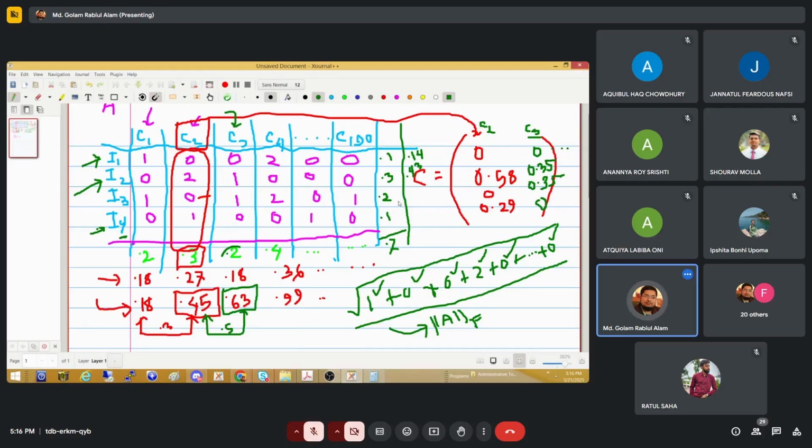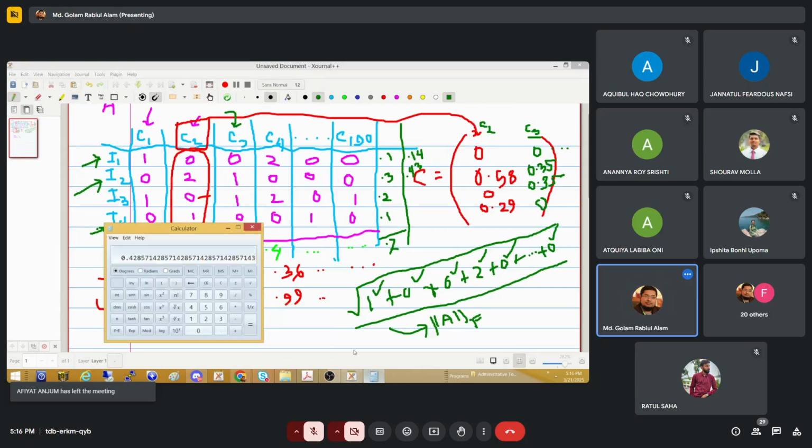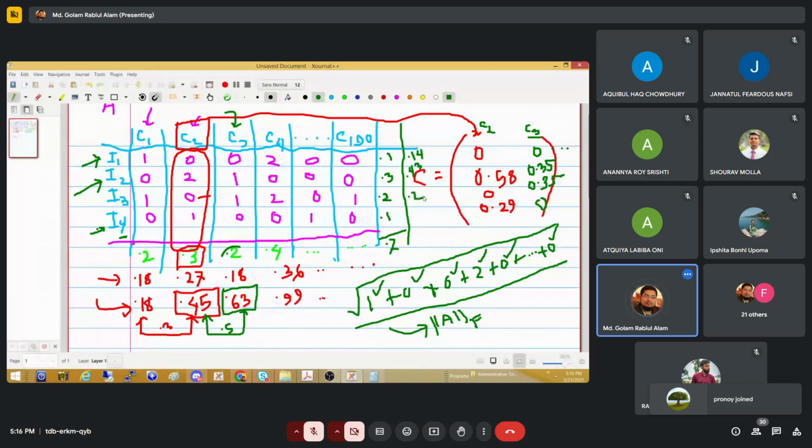Then this one is 0.2, so 0.2 by 0.7 is 0.29. And here is the 0.1, so we will get again 0.14.